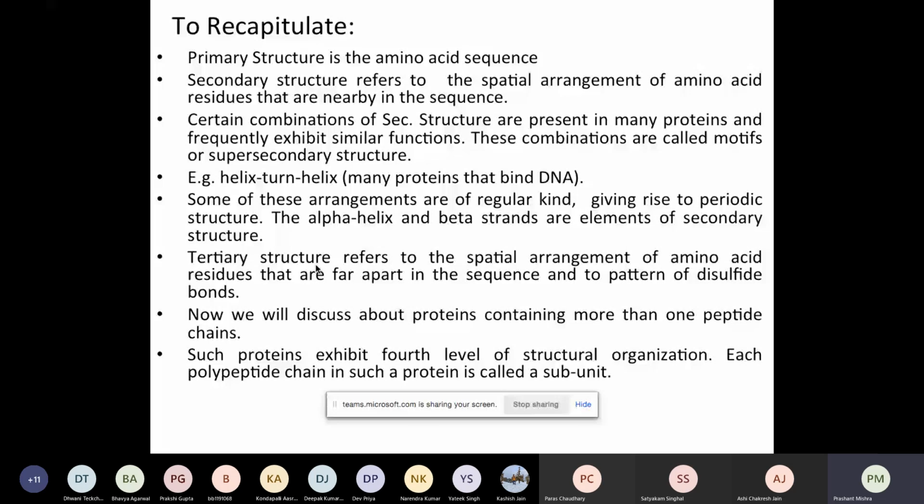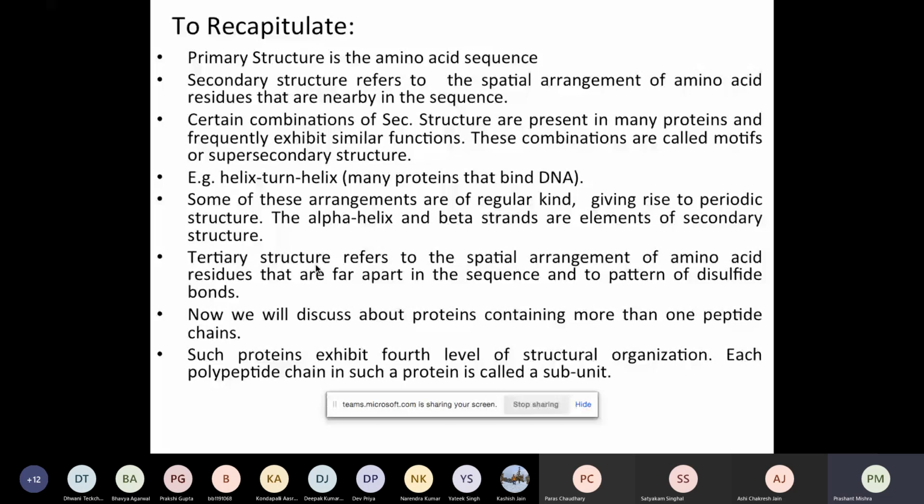Now, one concept which I would like to clarify at this point of time is that for a given protein, the primary structure defines the amino acid sequence, but it does not give you a functional protein. It has all the amino acids, but it is not in the natural or native form, and that's why it is not active.